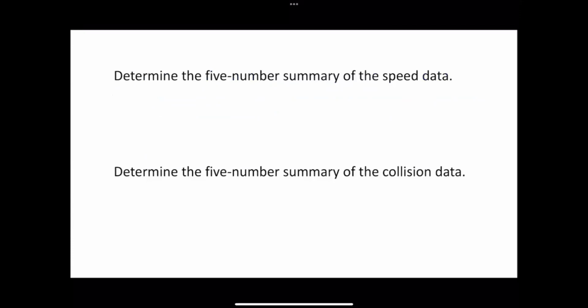So the speed data, my minimum is 20. My Q1 was 28. My median was 32.5. My Q3 is 38 and my maximum is 40.